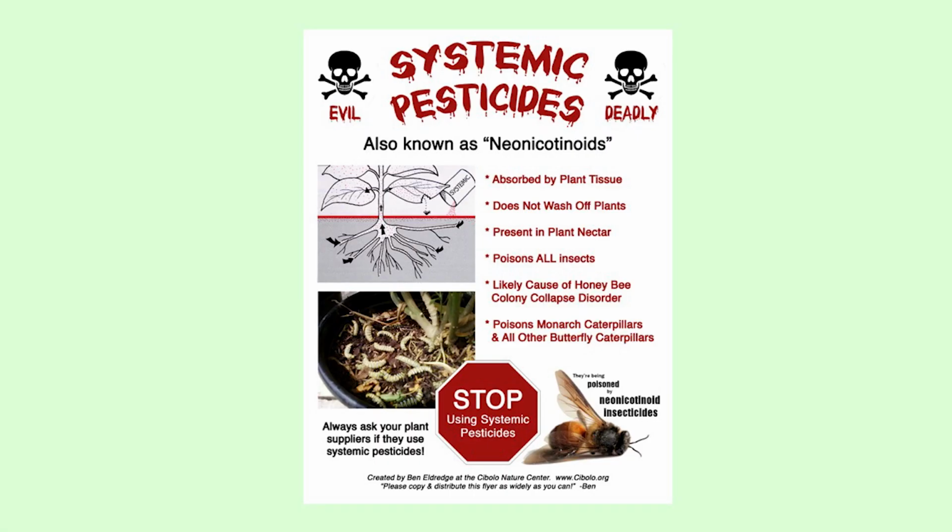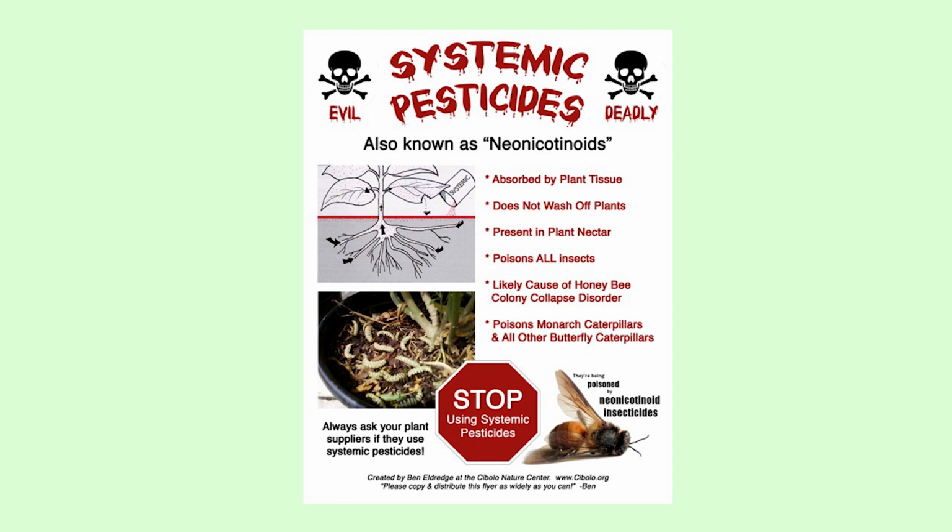The other thing is to avoid pesticides, especially what we call the systemic pesticides, like the neonicotinoids. If these pesticides are put in the soil, the plants will take them up, and they will be in the leaves and even in the nectar. So a butterfly comes along and drinks nectar out of a plant that has been treated with neonicotinoids.